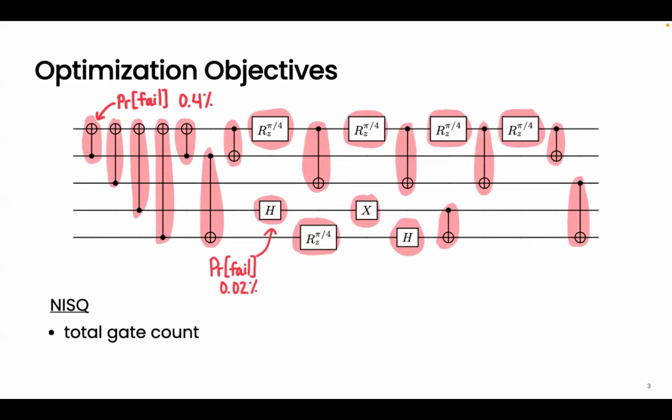So in the NISQ regime, a very natural optimization objective is to just reduce the total gate count. But you might also notice that the probability of failure for these 2 qubit gates is an order of magnitude higher than for the single qubit ones. So it might be more worthwhile to focus on reducing 2 qubit gates instead.